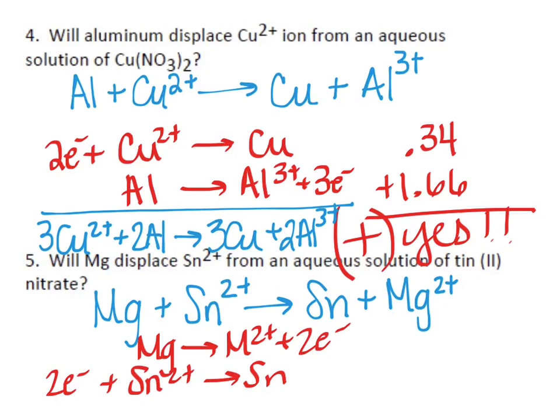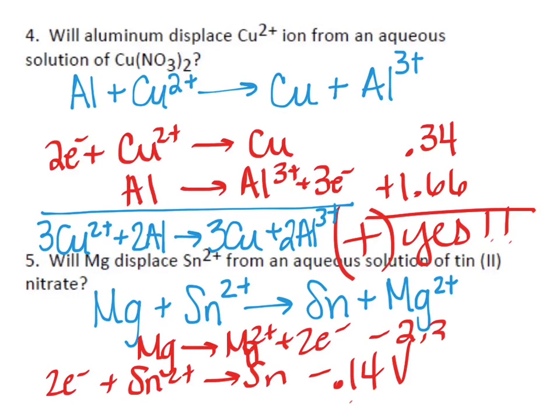So we're going to look at tin. Tin's the one that's being reduced, so we need Sn2+. Negative 0.14. And we go to magnesium and find magnesium on the chart.